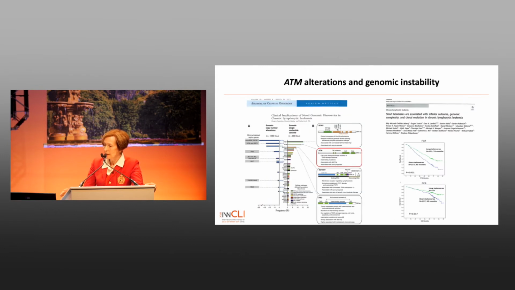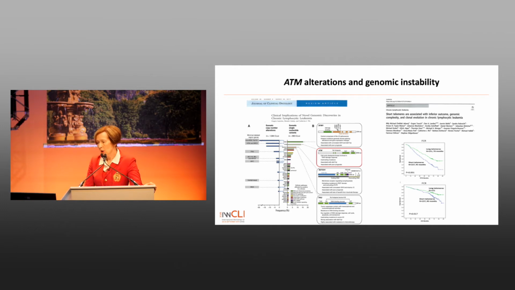So one of the reasons for this being mentioned today is the association of ATM with a large number of genetic changes, in general with genomic instability. And we also know that ATM loss is associated with very short telomeres in CLL, and short telomeres are an appreciated factor in genomic instability.